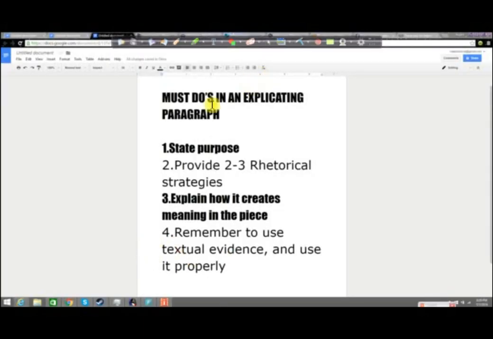So real quick, we're just going to recap what you have to do in an explicating paragraph. First, you have to state your purpose. Then you have to provide 2 or 3 rhetorical strategies. Then you have to explain how it creates the meaning in the piece, just like the strategy we learned right here. Make sure you're actually explicating and not just restating. And remember to use textual evidence and use it properly, so don't use big quotes that really don't fit.